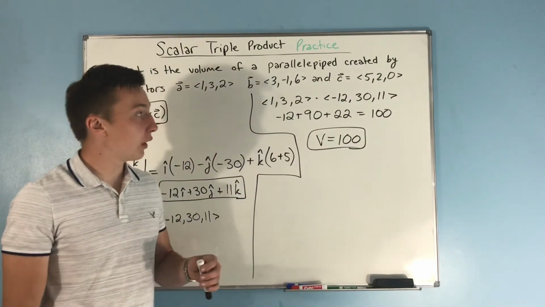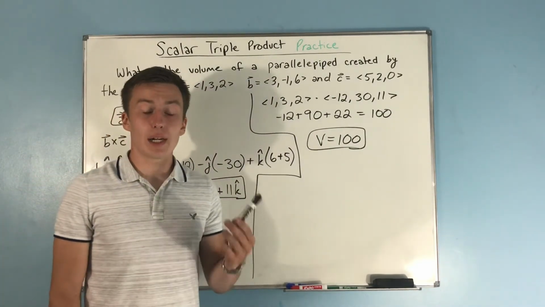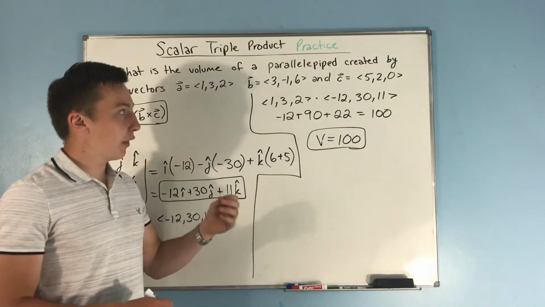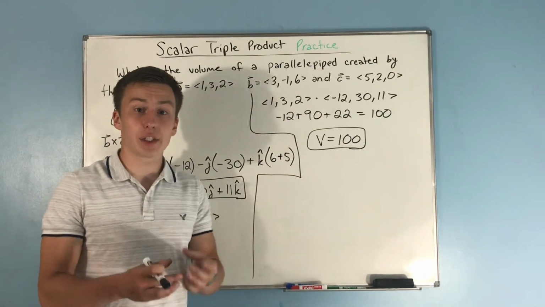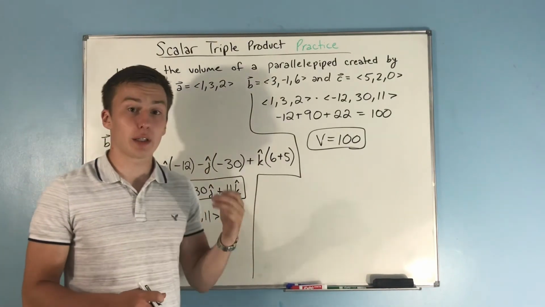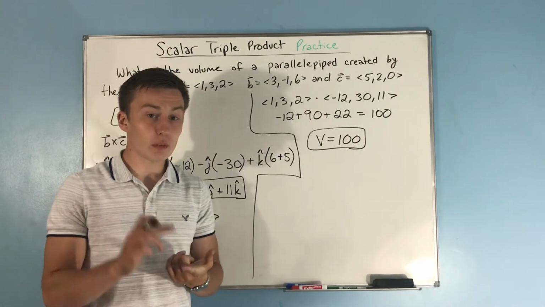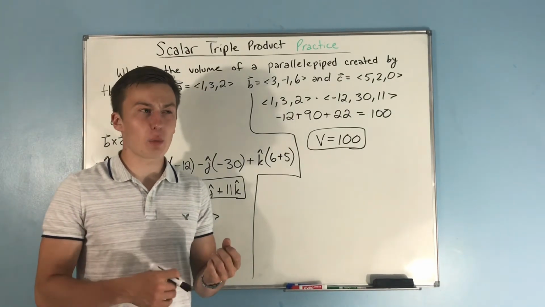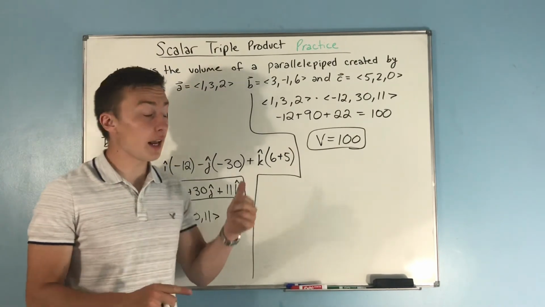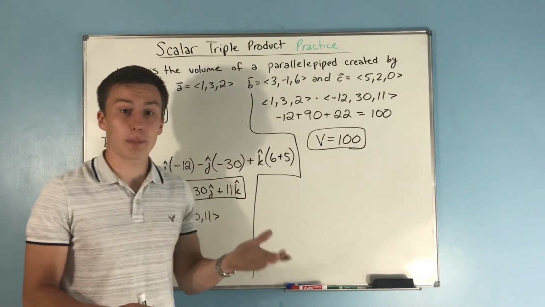Before I end this video, I wanted to mention something that I said in the last video, that I mainly dealt with problems seeing if a set of vectors were coplanar and not finding the volume of a parallelepiped. I think I had one or maybe two questions on that, one on a quiz, one on a test, but I never had any on finding the volume of a parallelepiped.